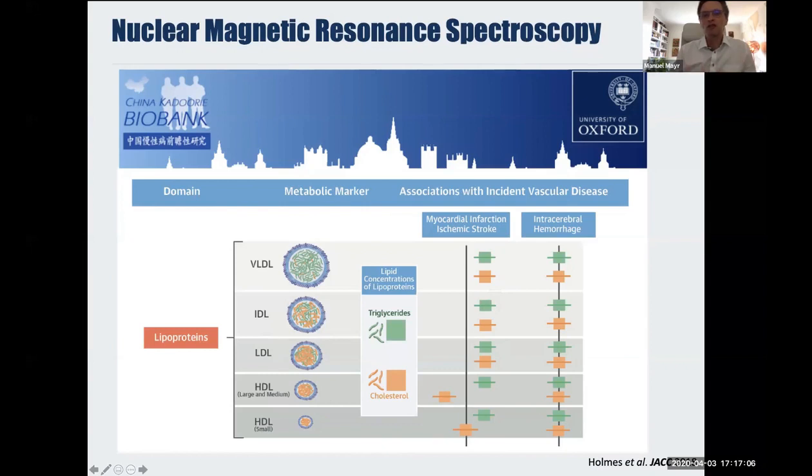But this inverse association was only seen for large and medium-sized HDL particles, but not for small HDL particles. And again, the other surprising observation, if you look at the triglyceride content in green, regardless of where the triglycerides are compartmentalized and in which lipoproteins they are present, they were always positively associated with the risk of myocardial infarction and ischemic stroke, whereas there was a null association, as one would expect, with the incidence of intracerebral hemorrhage.